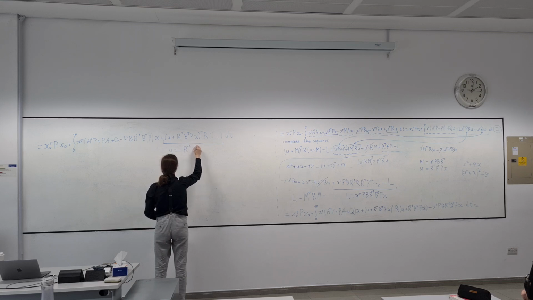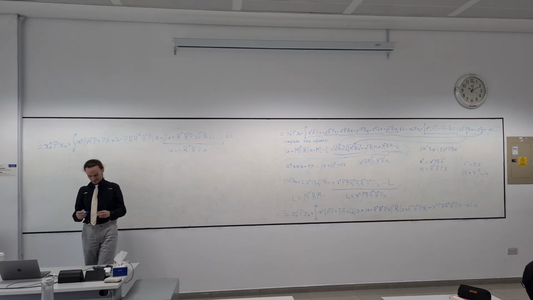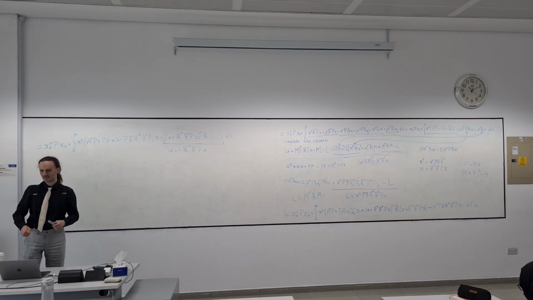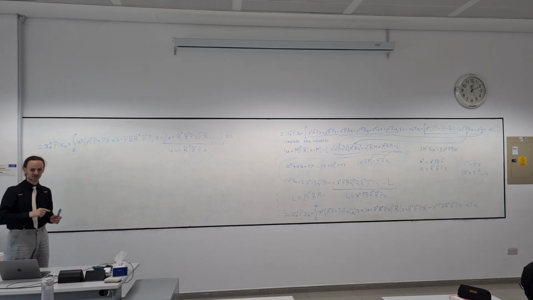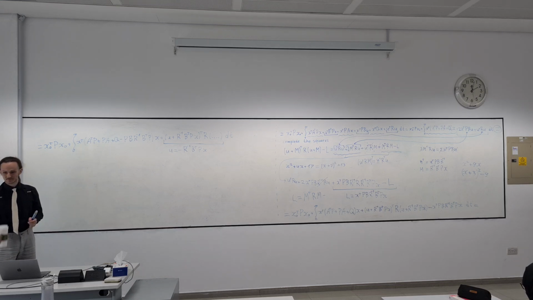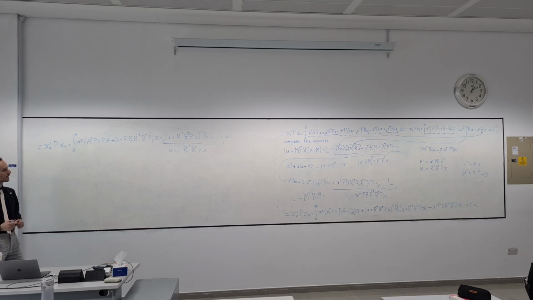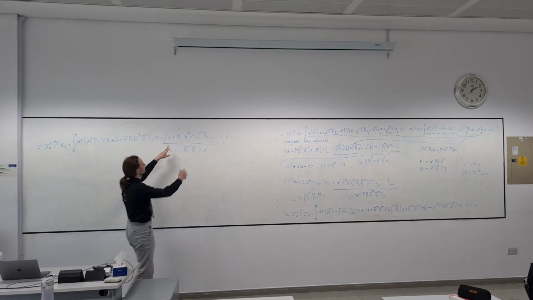Just a second. Okay, R is positive definite, right? Strictly positive definite. So if you want that term to be zero, the only way to do so is to equate this vector.